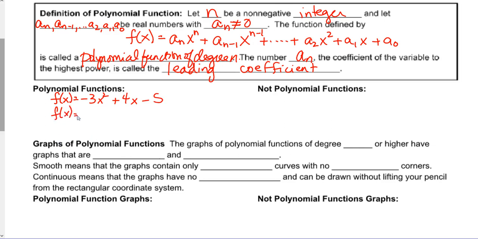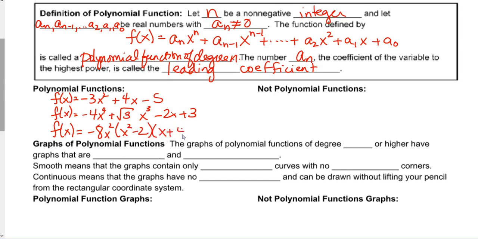I could also look at negative 4x to the 4th plus the square root of 3 times x cubed minus 2x plus 3. And then f of x equals negative 8x squared times the quantity x squared minus 2x plus 4. So I can just write it as factors, and that also would be a polynomial function.